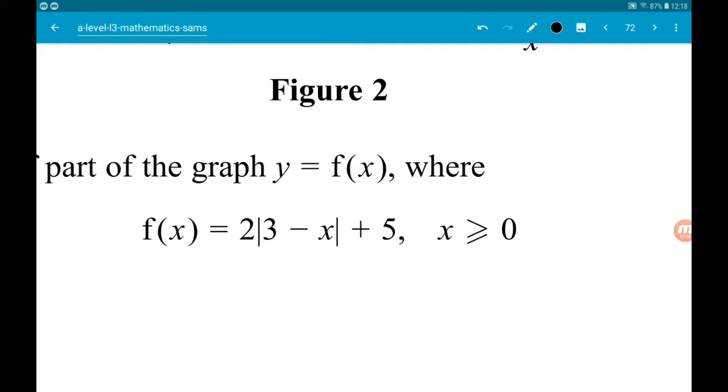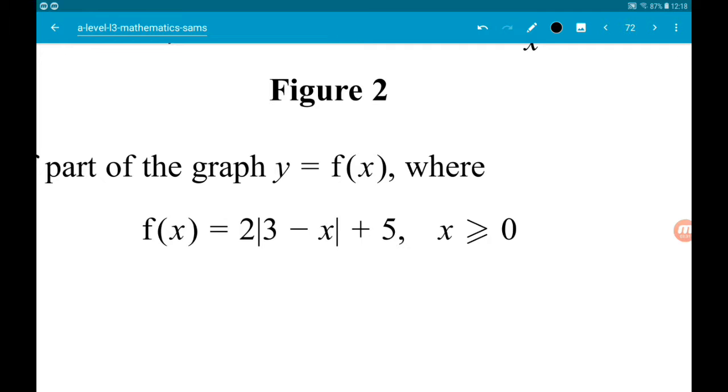So, if we were doing this one with all values of x, we would have to do 2 lots of x minus 3 add 5 is equal to half x add 30, and minus 2 lots of x minus 3 add 5 is equal to half x add 30.